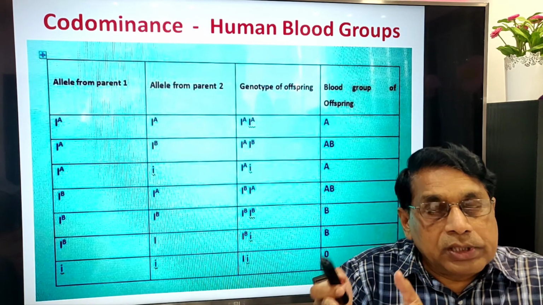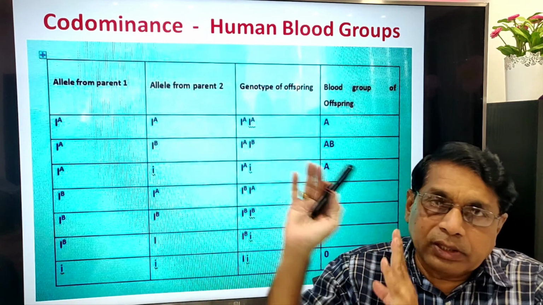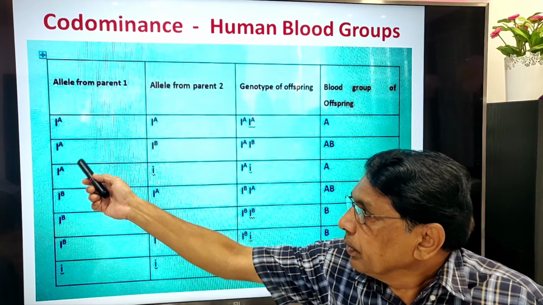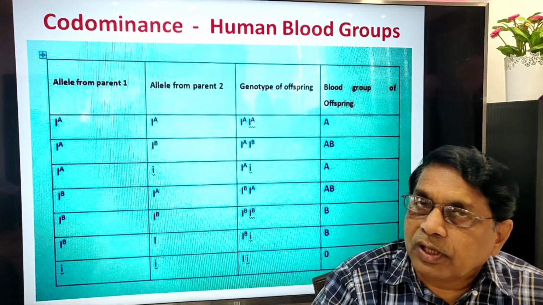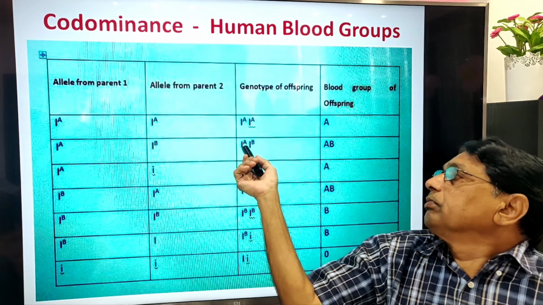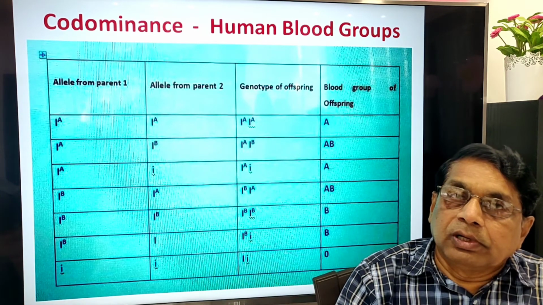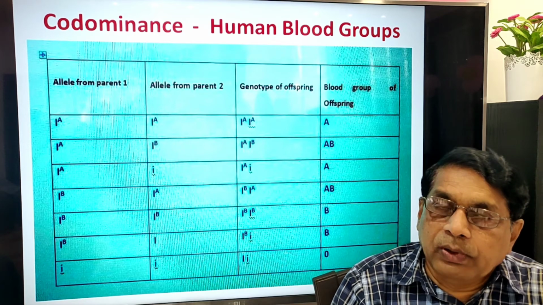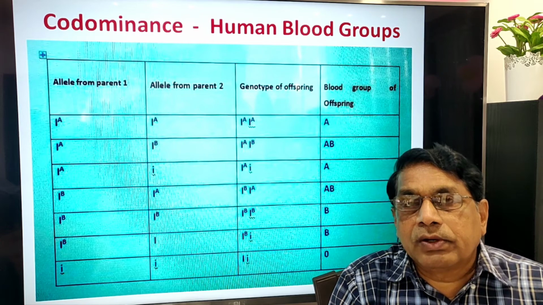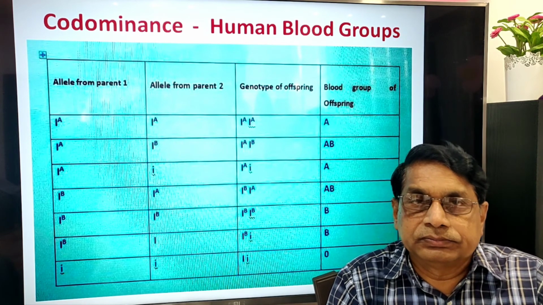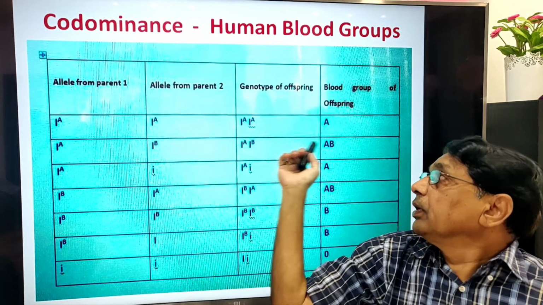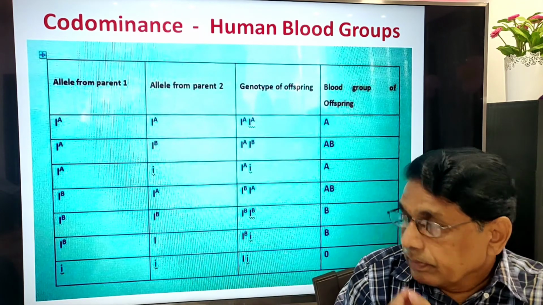If father is A group and mother is B group, children will be AB blood group. They get one allele from father, one allele from mother, and here AB, codominance.